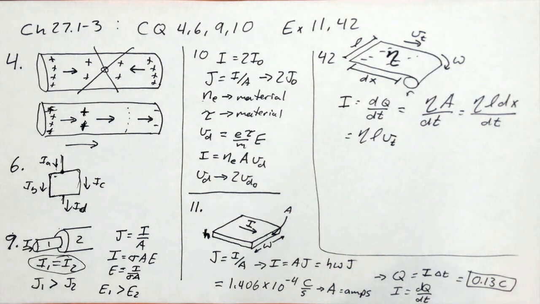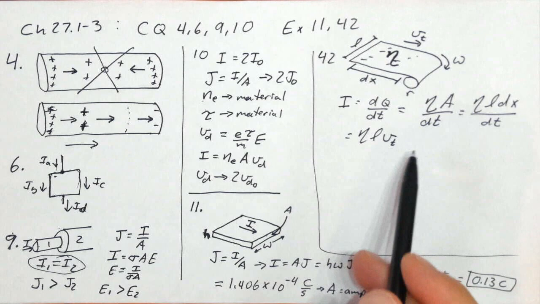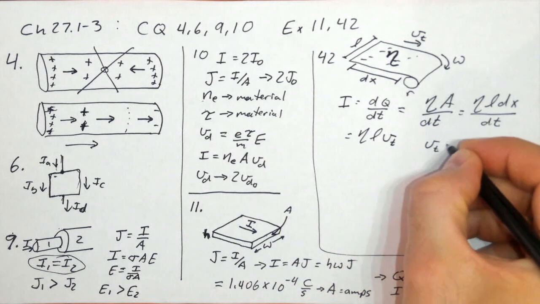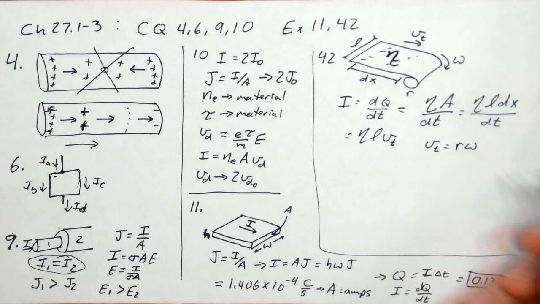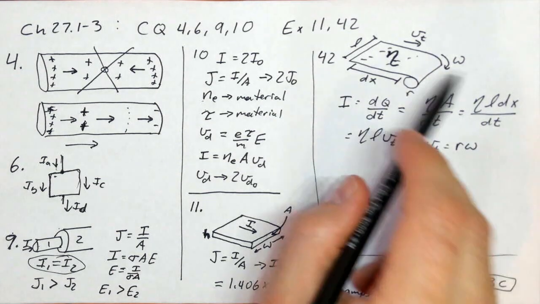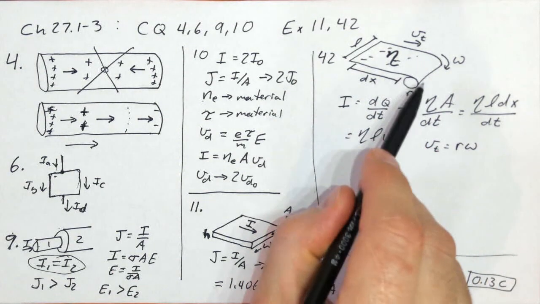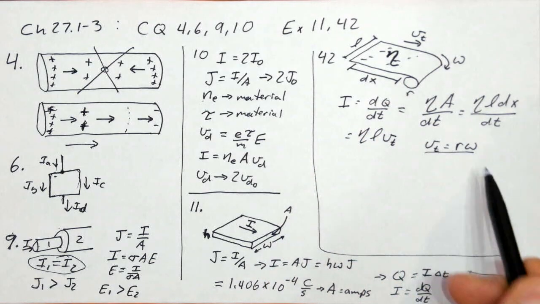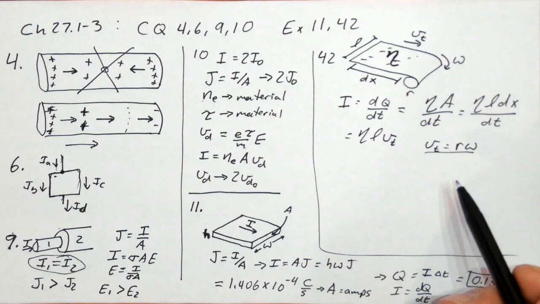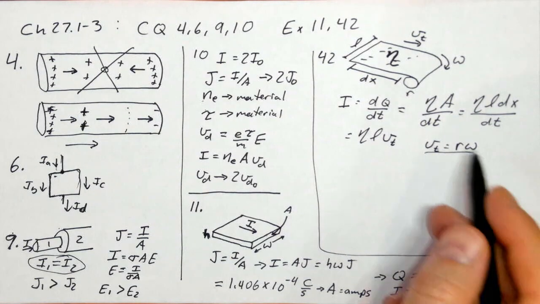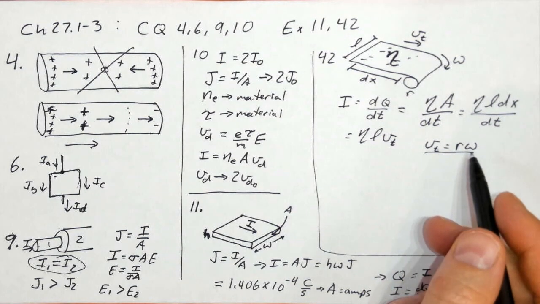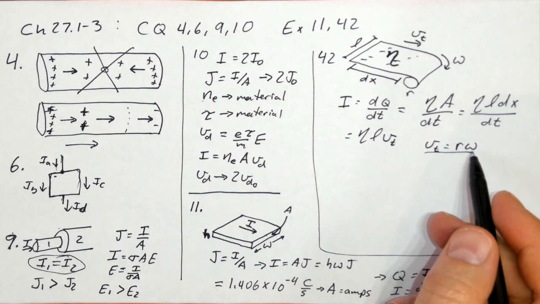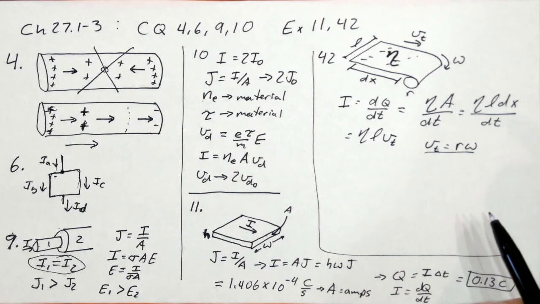Okay, so now we just need to find v_t, which is related to omega. We know that v_t is equal to r omega. The tangential speed is equal to the angular speed times the radius. That's our definition, converting tangential to angular. And omega is given in revolutions per second, so we just need to be careful to convert that to radians per second and then multiply it by r.